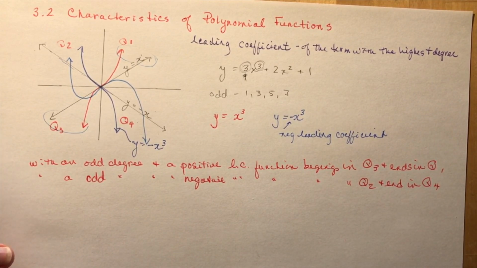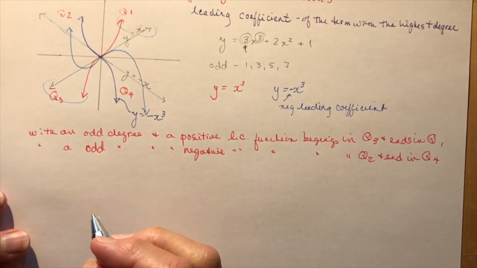You only need to remember what a line with positive or negative slope looks like, and all other odd degree functions will start and end in the same quadrants. So we did talk about end behaviors before.